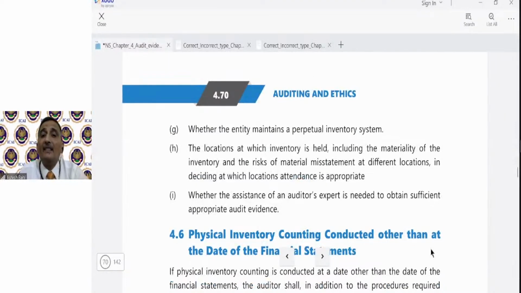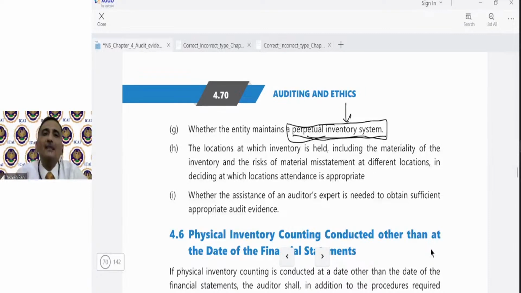Whether the entity maintains a perpetual inventory system. So perpetual inventory system, students, you have read about it in your accounts also, probably in foundation exams also, that perpetual inventory system means where stocks are updated on a real time basis. कोई भी अगर ऑर्डर भी प्लेस करना है तो वो इन्वेंट्री के डाटाबेस में जाता है. जैसे ही कोई आइटम सेल होती है वो इमीडिएटली स्टॉक से माइनस होती है.